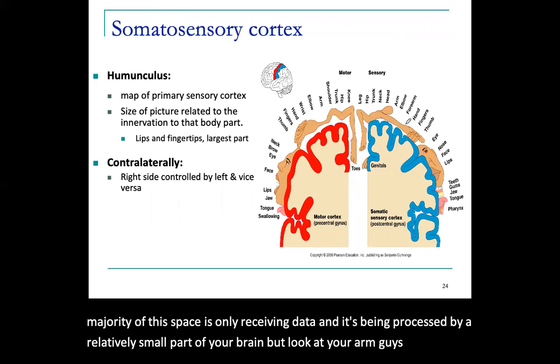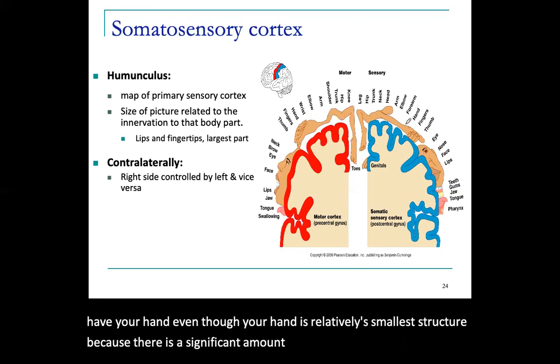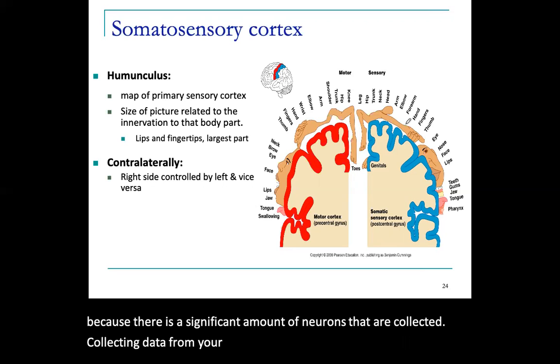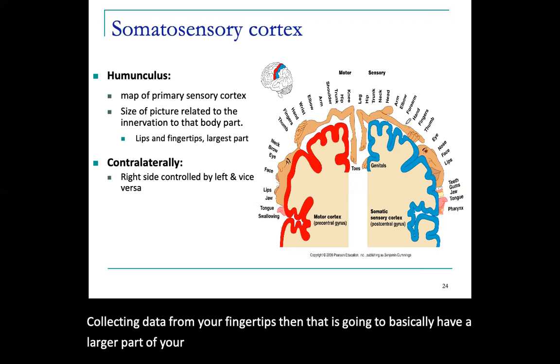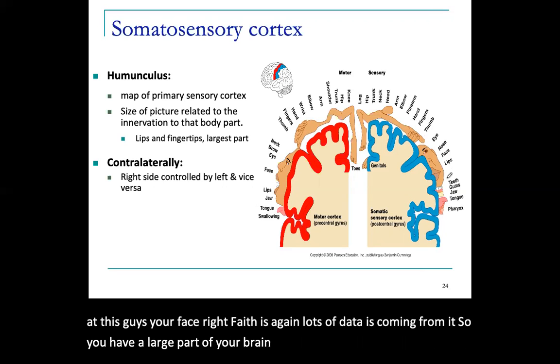Even though your hand is a relatively small structure, because a significant number of neurons are collecting data from your fingertips, a larger part of your brain is processing or receiving that data. Look at your face, guys. Lots of data is coming from it, so a large part of your brain is dedicated to receiving that data.